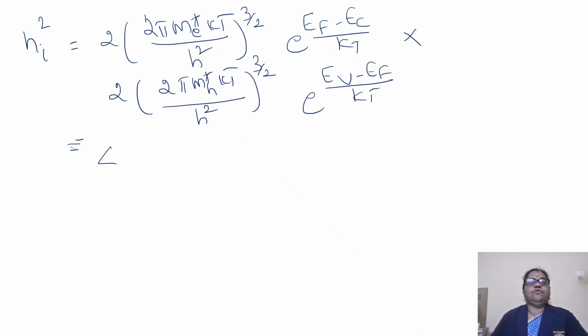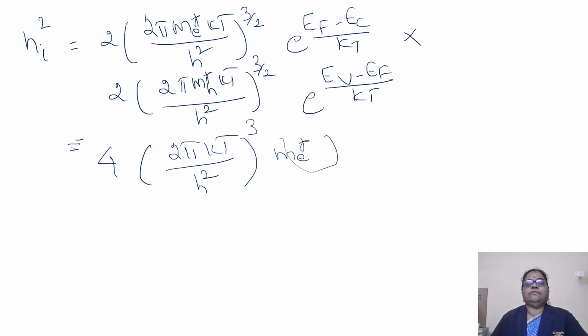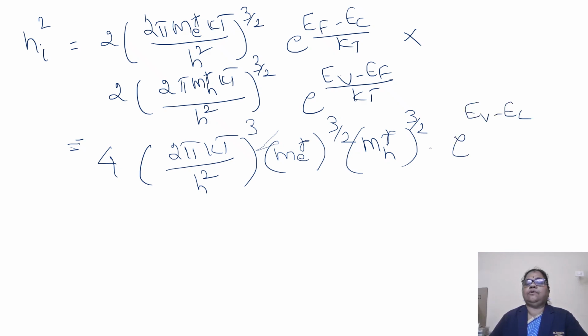So with that, 4 which is multiplied by (2 pi kT by h square) to the power 3, and the remaining terms (me star) to the power 3 by 2 and (mh star) to the power 3 by 2, which is multiplied by e to the power (Ev minus Ec) by kT.